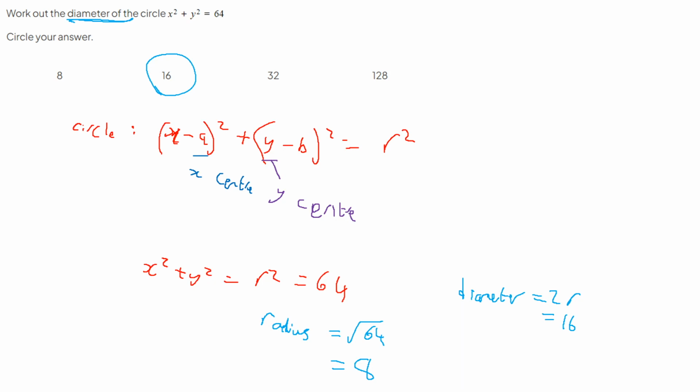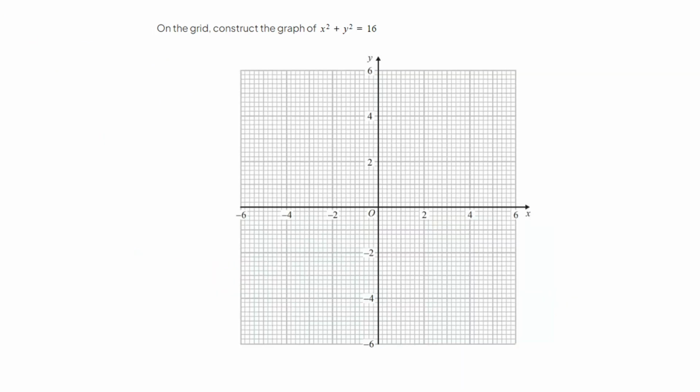We can use this form here to solve any equation and to plot it. So, on the grid, what would x squared plus y squared equals 16 look like? Well, we know that x squared plus y squared is equal to 16, right?